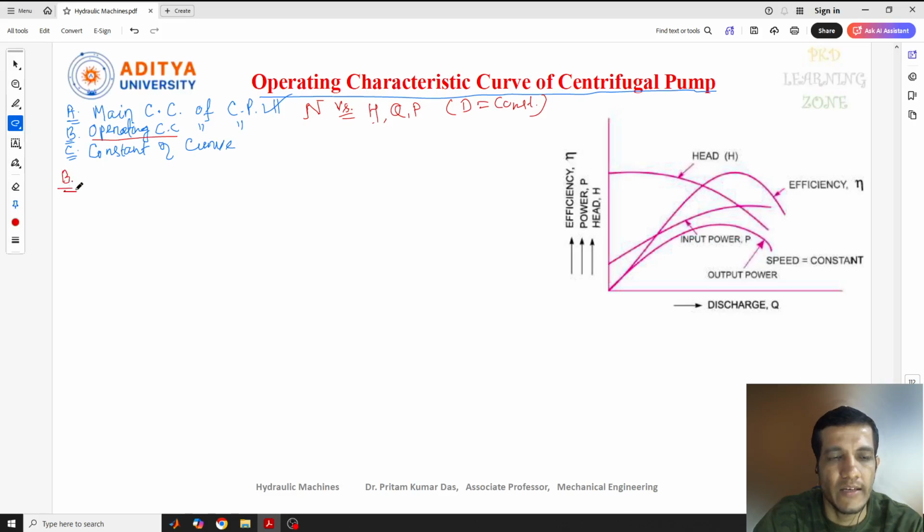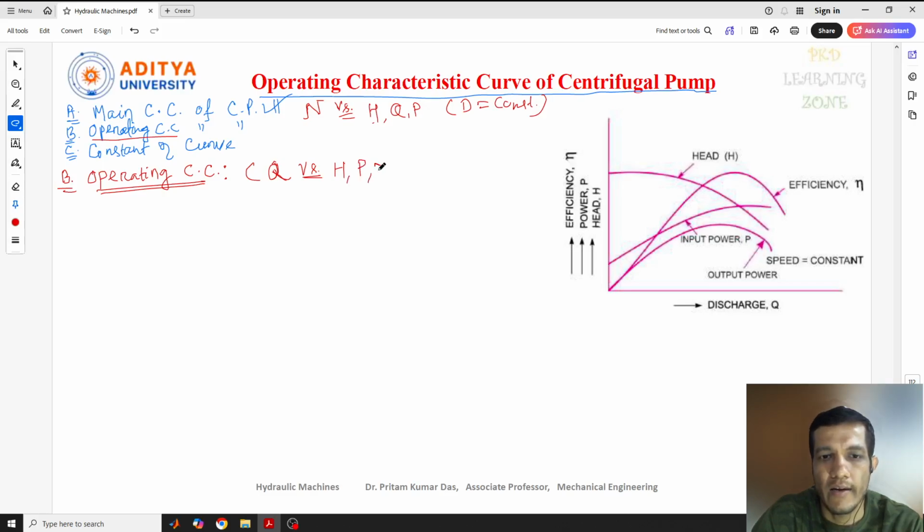In the operating characteristics curves, the diagram you are seeing on the screen indicates the relation between the discharge and the other parameters. The graph is plotted between discharge versus the other parameters, which are head, power and efficiency.